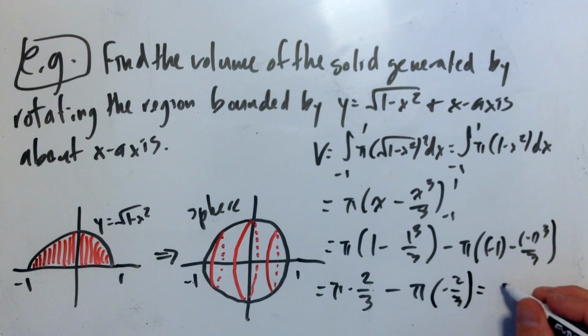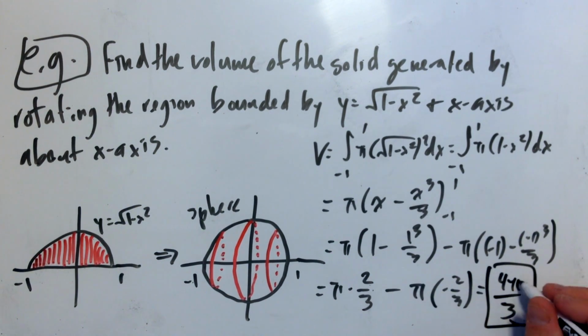So at the end of the day, we get 4 pi over 3. So that is the volume of a sphere. And you can compare that with the known formula that the volume of a sphere of radius r is 4 pi r cubed over 3.